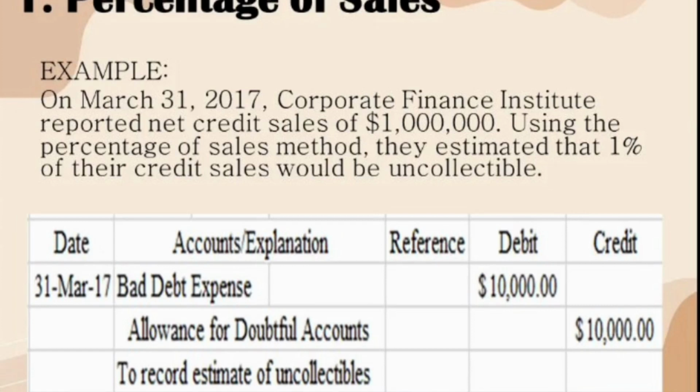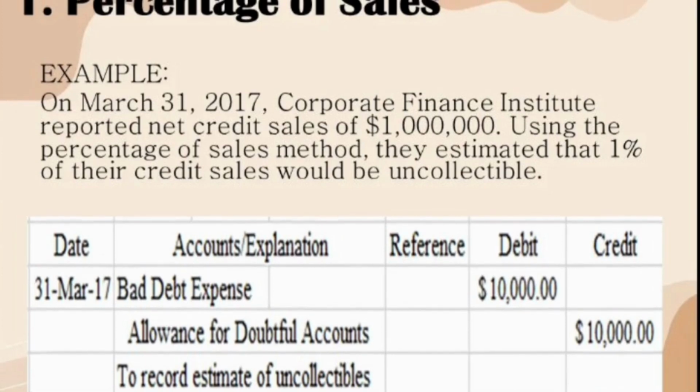So the credit sales, which is the 1 million, and the percent of the credit sale is 1%. So ang 1 million is i-times siya sa 1%, equals to $10,000, which is the bad debt expense.